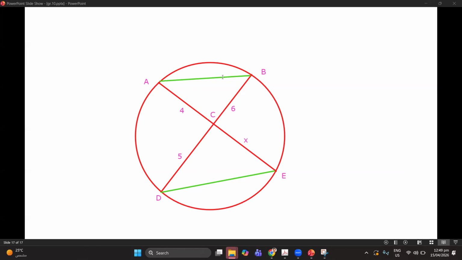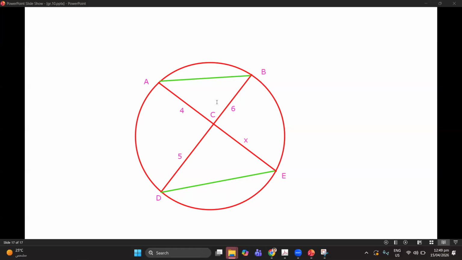Teacher, do you mean that similar triangles have congruent angles, or are the triangles equal to each other? So here, I need to prove the similarity first. Okay, I have triangle ABC and triangle CDE.